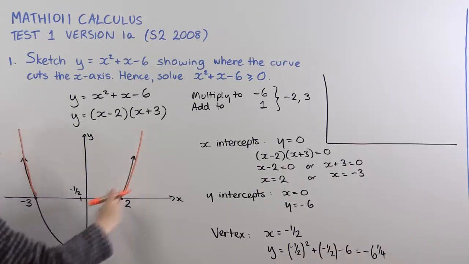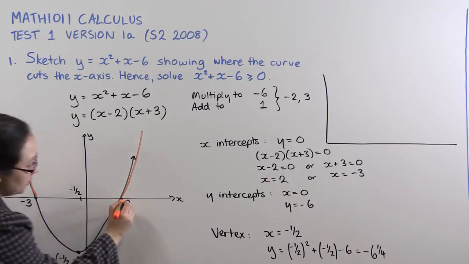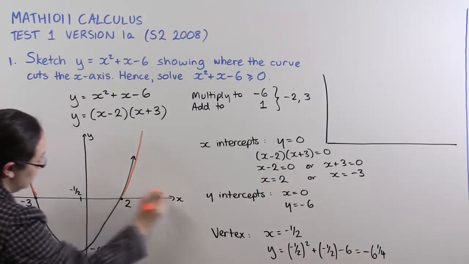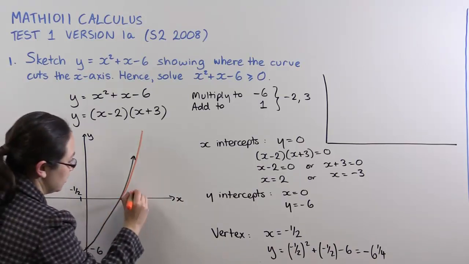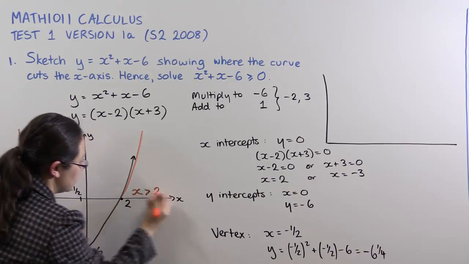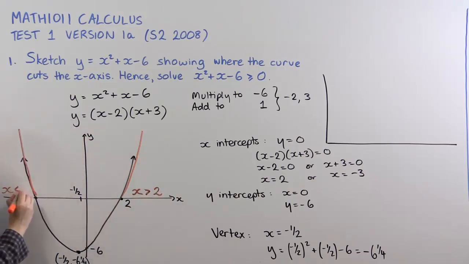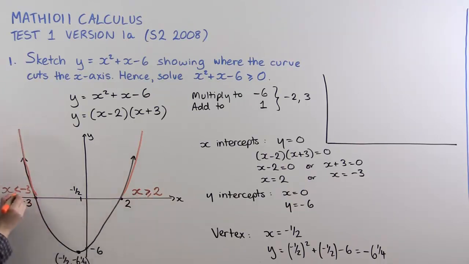Right? So here and here is where the y value is greater than 0. Well, that's for all the x's bigger than 2 and less than minus 3. Actually, bigger or equal to 2 and less than or equal to minus 3.